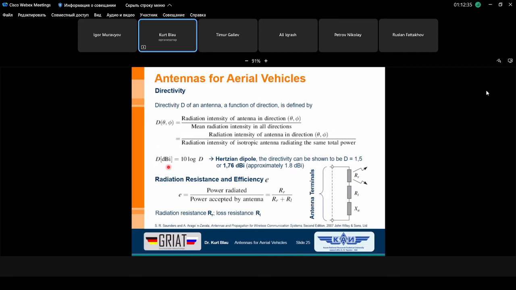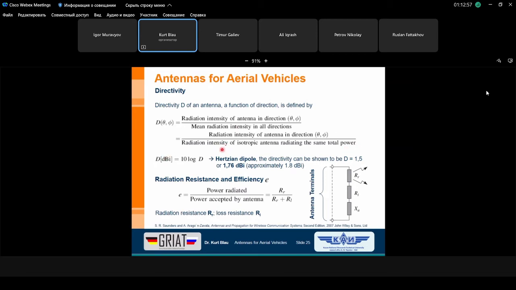I will explain later why. The directivity is normally only the behavior of the antenna related to a value of its radiation diagram, meaning the maximum radiation intensity.